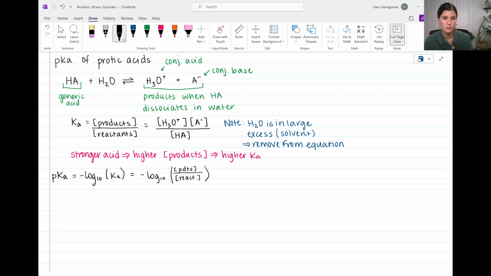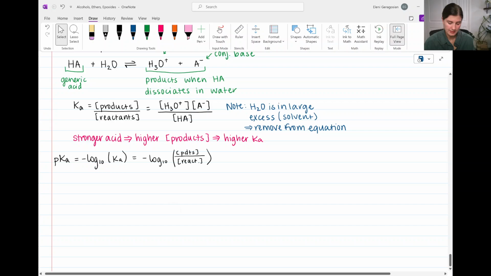Because we take the negative log of the Ka, very large Kas, so stronger acids, will have a more negative pKa. And then weaker acids with a smaller Ka value will have a higher pKa.